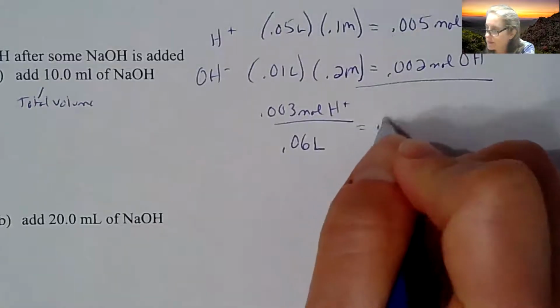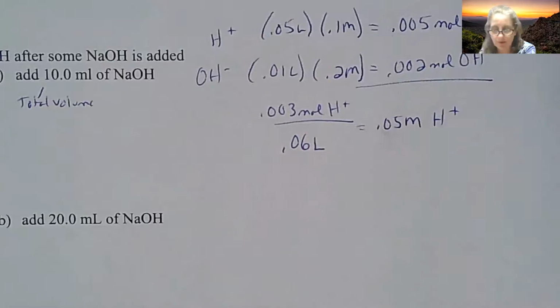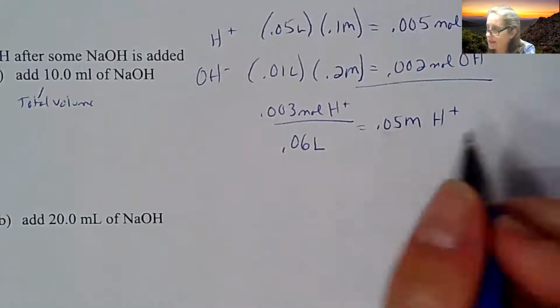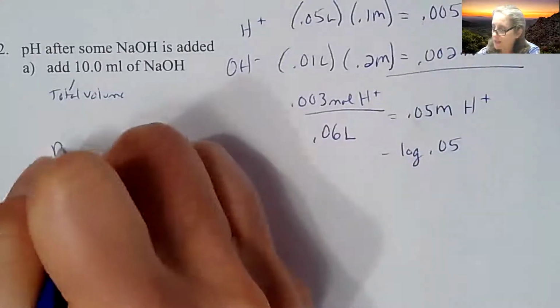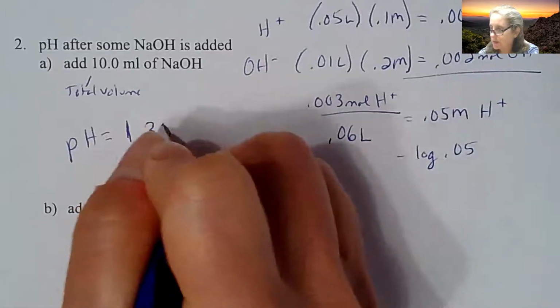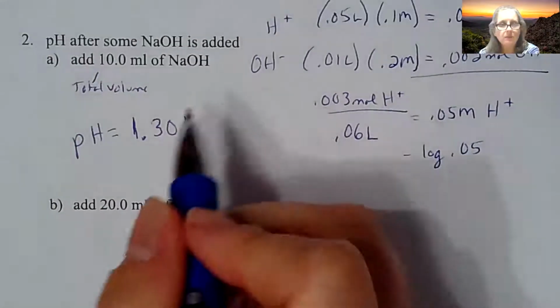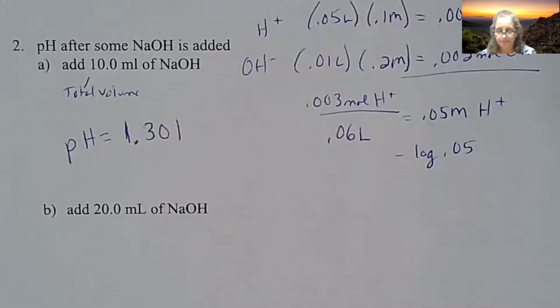So that comes out to be 0.05 molarity as my H plus concentration. So what do I do? I take the negative log of that. I'm going to write the pH over here just so you can see it a little easier. So my pH comes out to be 1.301 from the log of that.